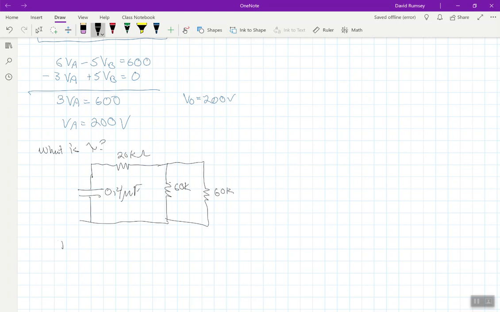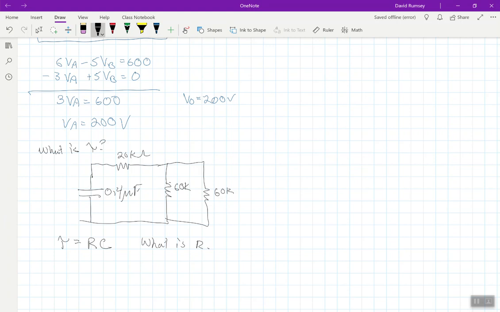We know from our previous lessons that tau is simply R times C. But we might say, wait a minute, what resistor should I use? Saying what resistor should I use is actually the wrong way to think about it.